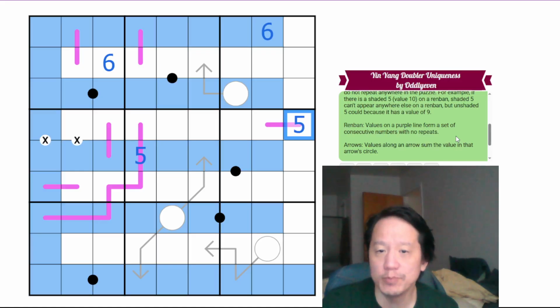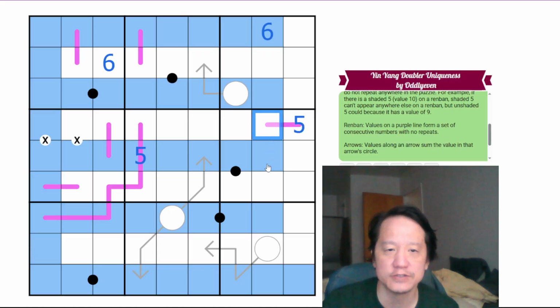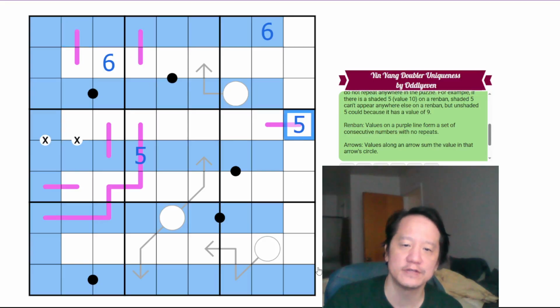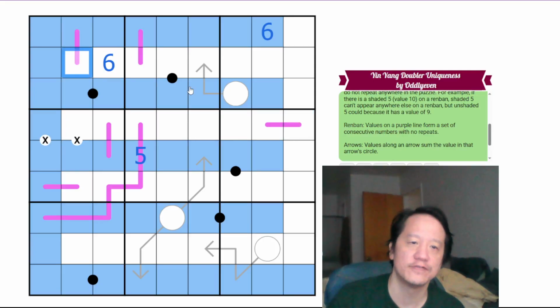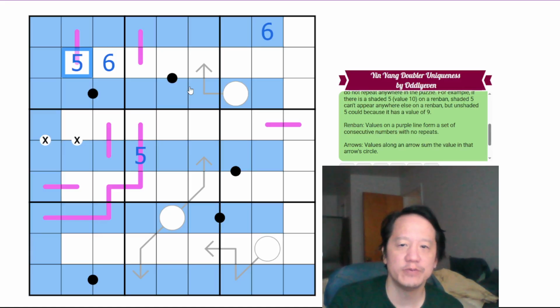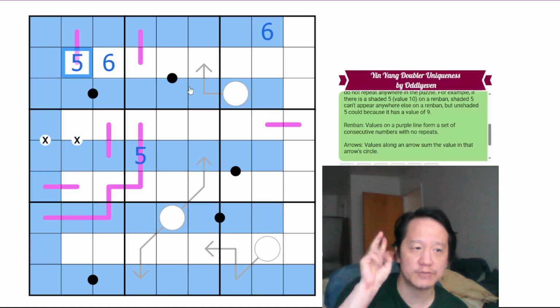Values on a purple line form a set of consecutive numbers with no repeat. Say we had an unshaded 5 here. That would be a value of 9, which is 5 times 2 minus 1.